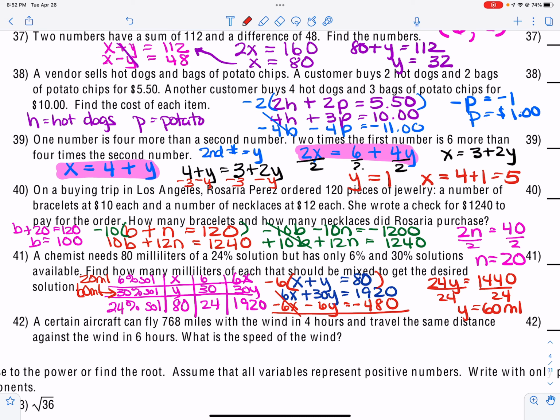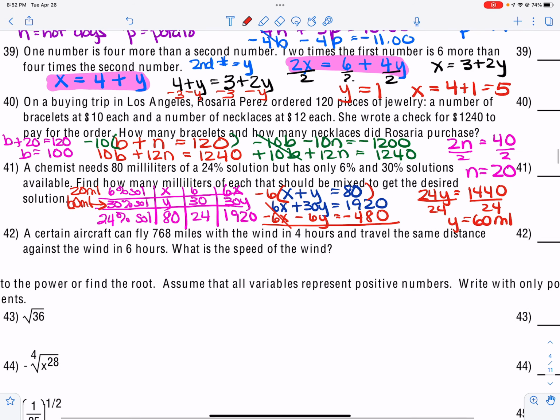Okay? All right, and then the last one that we're going to do is our distance problem. So it is flying 768 miles with the wind in 4 hours. It travels the same distance against the wind in 6 hours. So we are going to write, let's make our table here, with and against, distance, rate, and time.